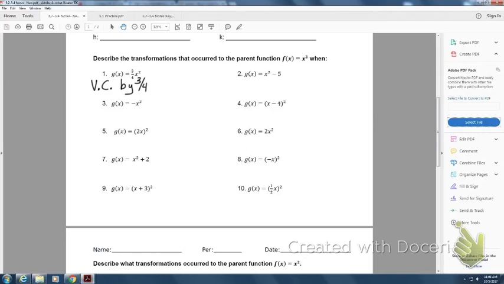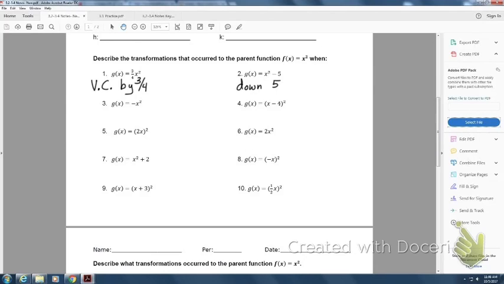Going over to number 2, Garrett, what transformation is happening there? The -5. What is that doing? Going down 5. Know the difference as to where the squared is, as opposed to the left, right, up, down.